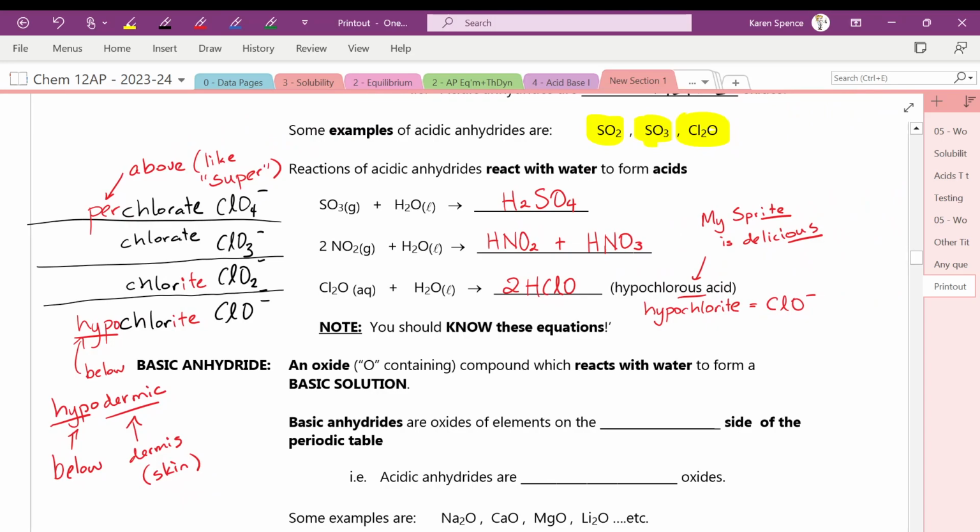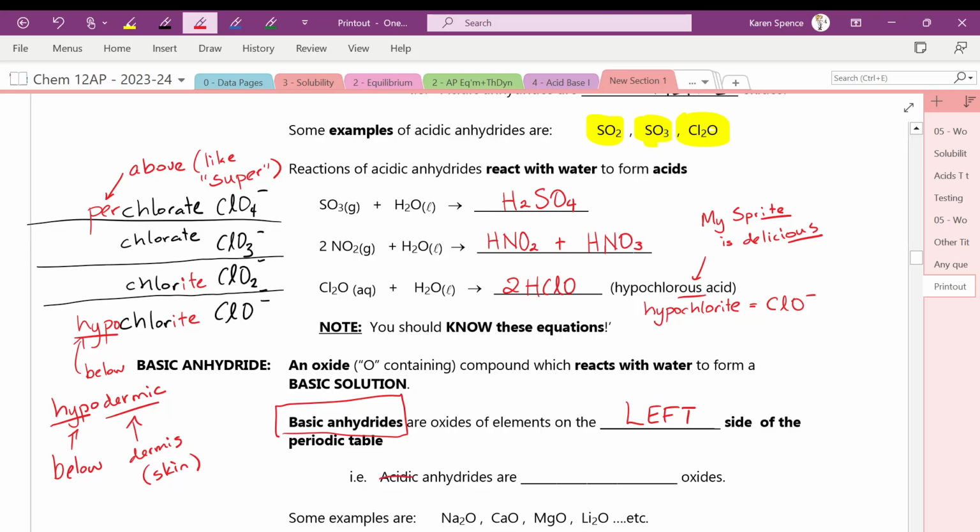And a basic anhydride. Basic anhydrides are oxides of the elements on which side of the periodic table? On the left. Basic anhydrides are what type of oxides?